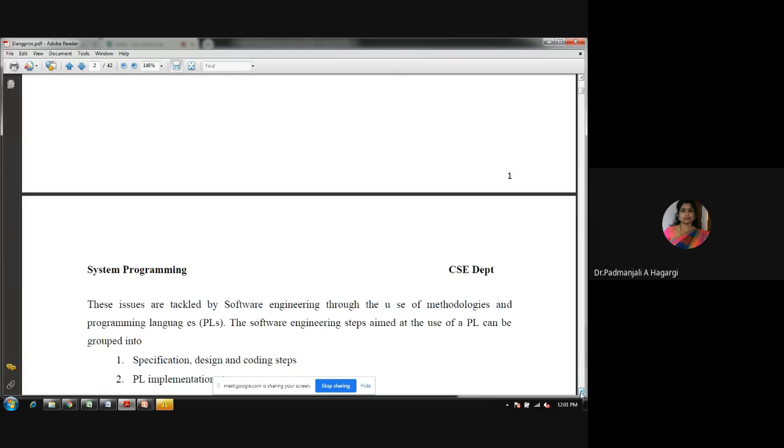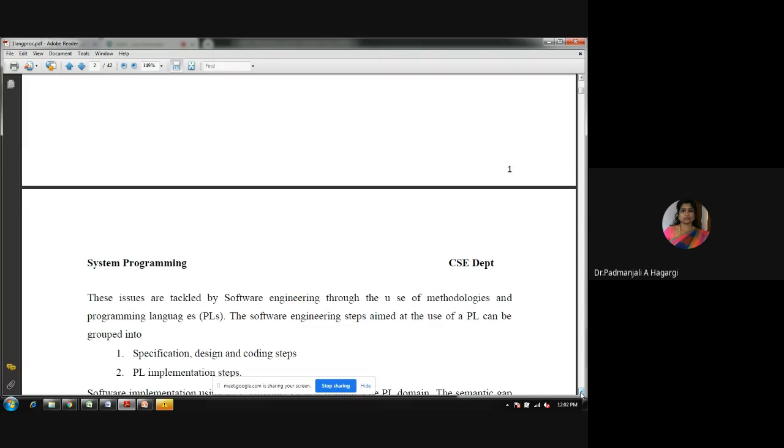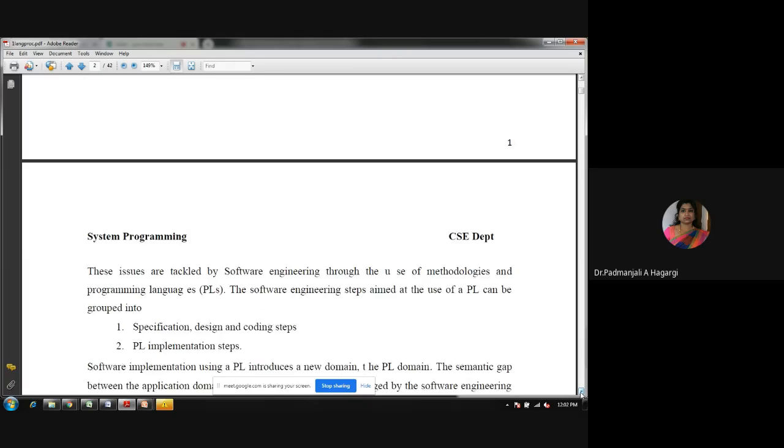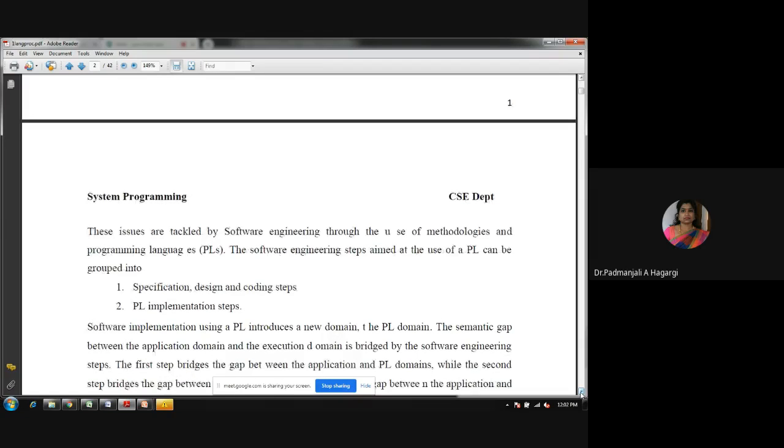System software examples are assemblers, loaders, linkers, and compilers. Applications are any apps like an editor or MS Office.